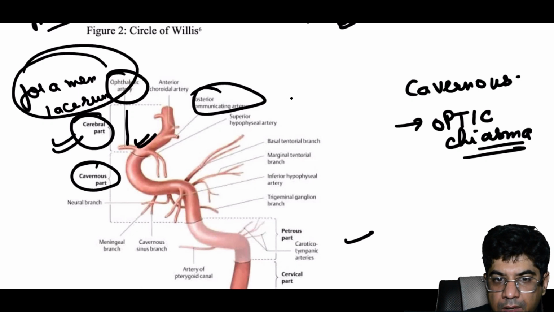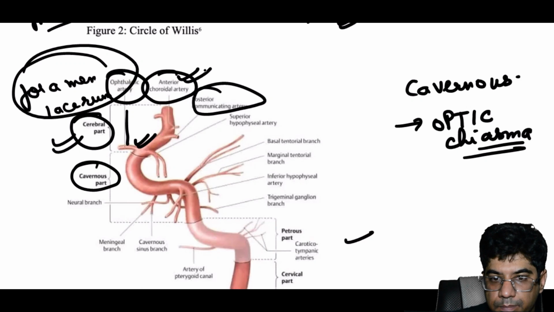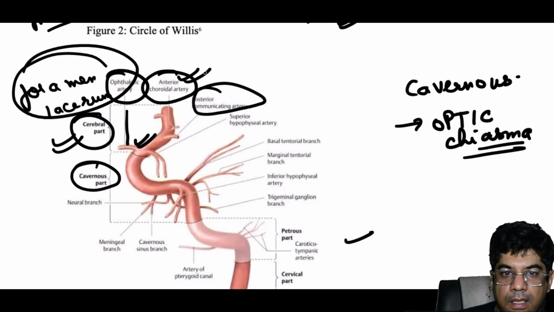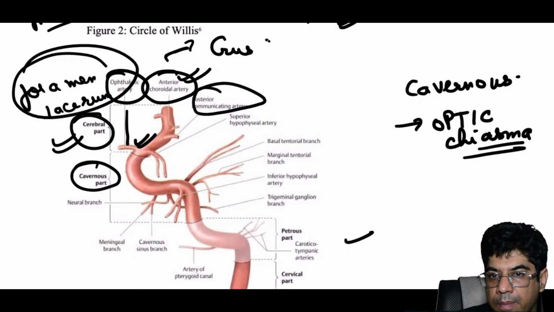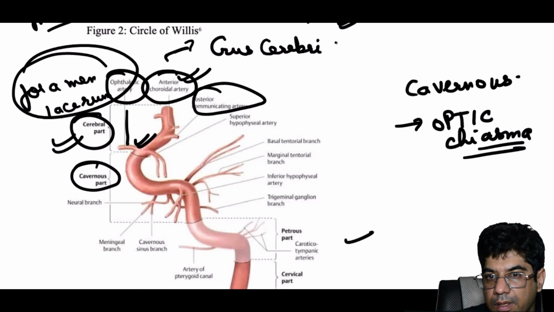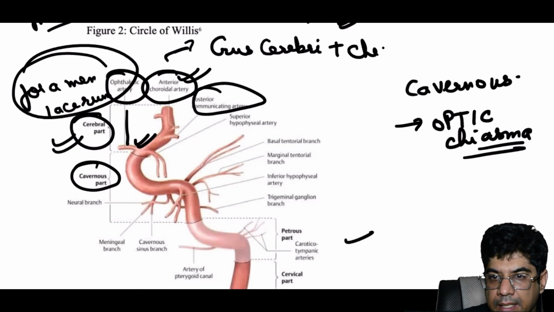How does the anterior choroidal artery play a role? It supplies parts of the brain like the crus cerebri and the choroid plexus in the lateral ventricle.